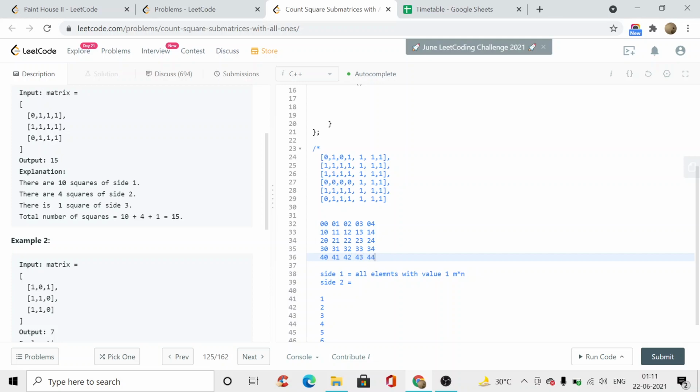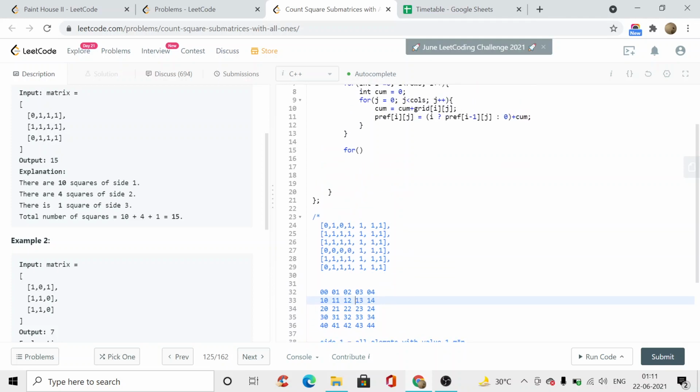Okay, so it's like this. Now when I'm at this position, let's take this position. I know it will be i plus 1 times, the total number of squares that could be formed. That way we will know what the squares that could be formed will be.